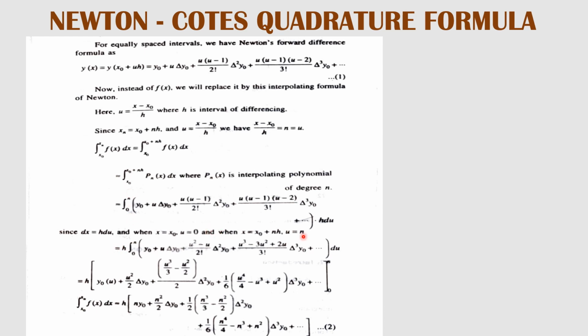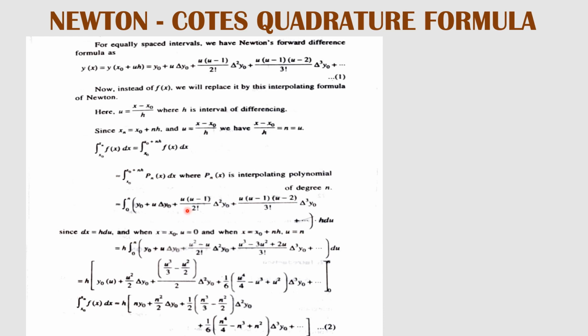That is, we are going to change the integral which is in terms of x into an integral in terms of u. Therefore, we are going to replace x in terms of u, where dx will take the value h du, and when x is equal to x0, u will become 0. And when x is equal to x0 plus nh, u will become n.